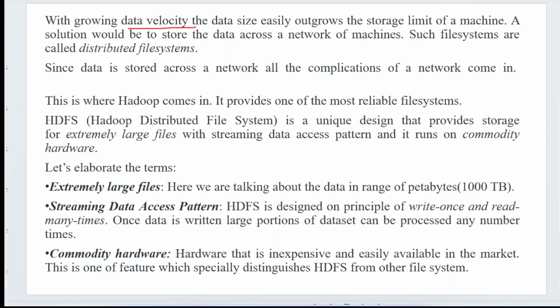So our data storage will grow exponentially. A solution would be to store the data across a network of machines. Such file systems are called distributed file systems. And since the data is stored across a network of machines, that is the reason we got Hadoop here.